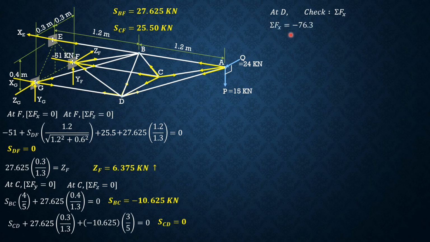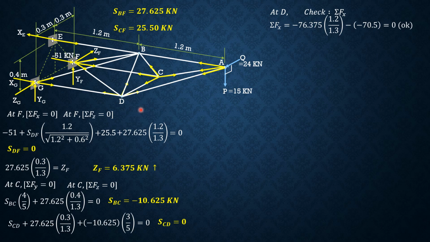So summation forces X equals 0. SAD, which is negative 76.375 times x component of distance 1.2 over distance 1.3, then minus SDG, which is negative 70.5. And if you compute that, that's 0. So okay, it is in equilibrium at D along x.